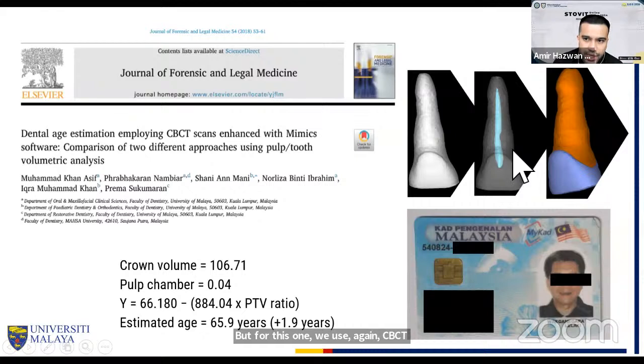We measured the volume of the pulp, and then compared it to the tooth volume as well. So it is more representative of the real condition of the tooth as compared to the surface area on the radiographs.